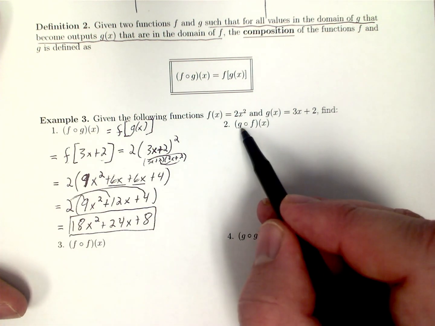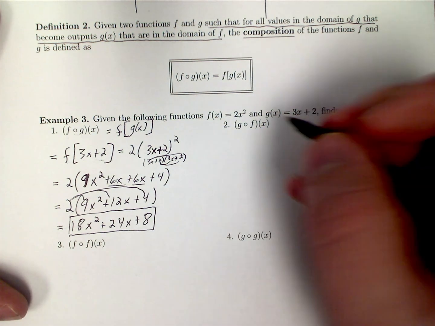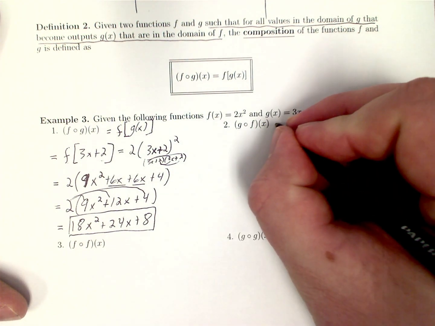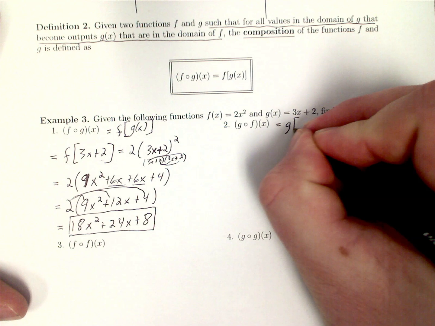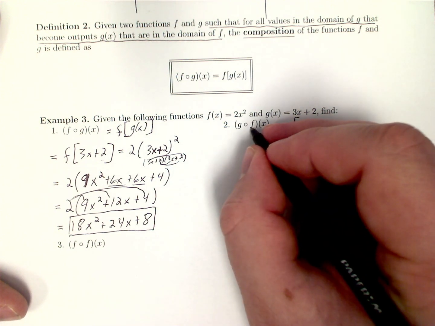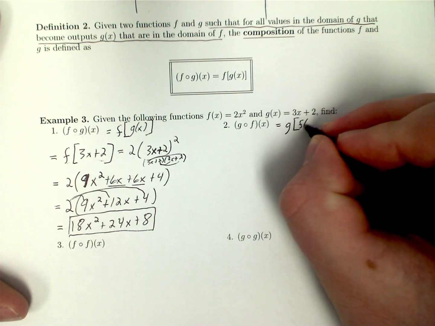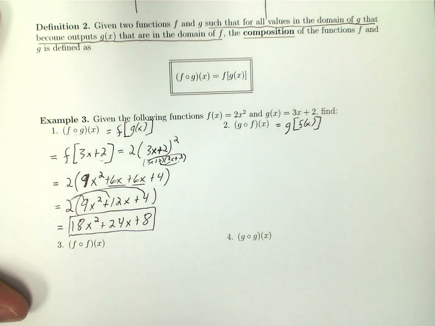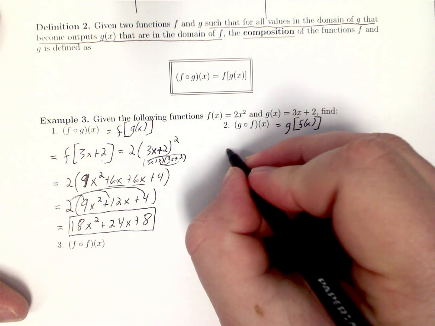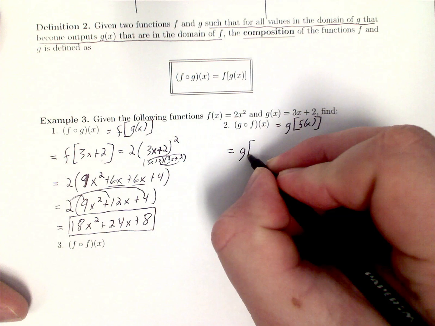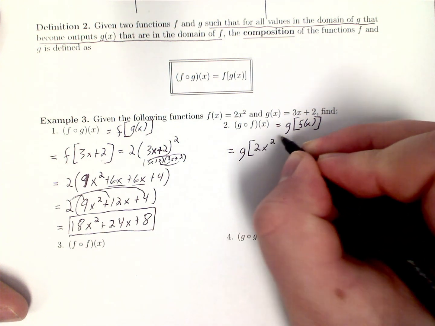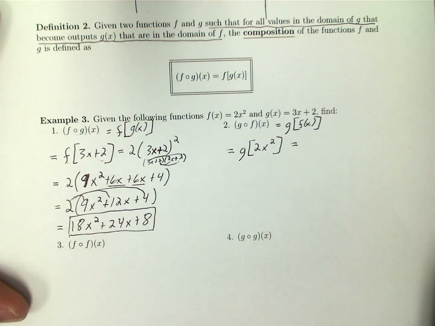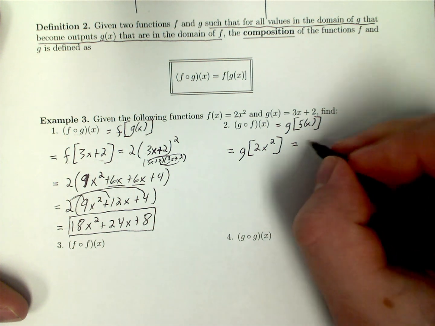But we could also do g of f. So in this case, again, the one on the left is sort of the outside function, and what we're plugging in is the one on the right, which is, in this case, f of x. But what was f of x? Well, f of x was the 2x squared. And what was g? G is 3x plus 2.